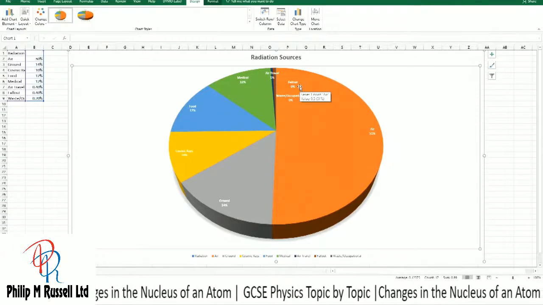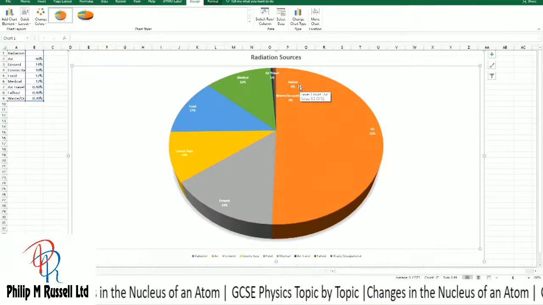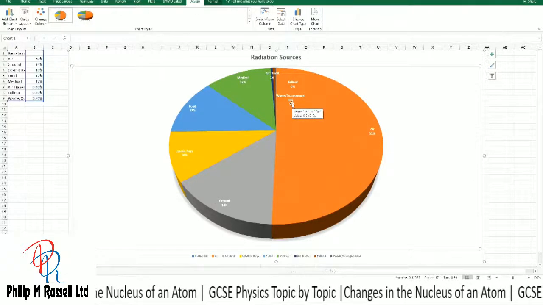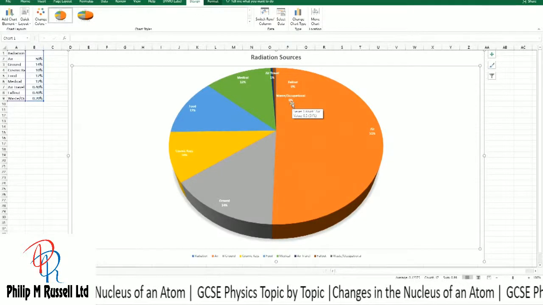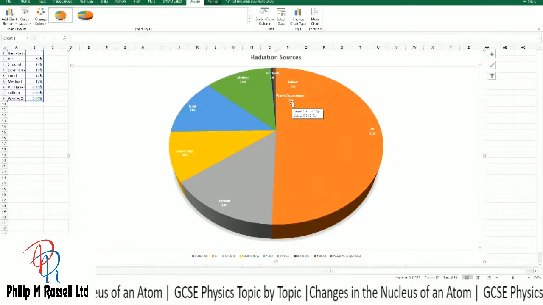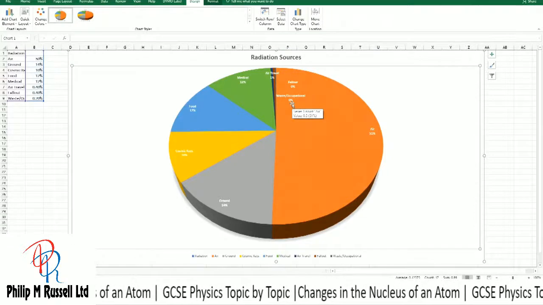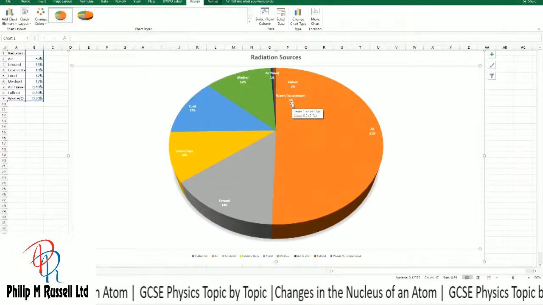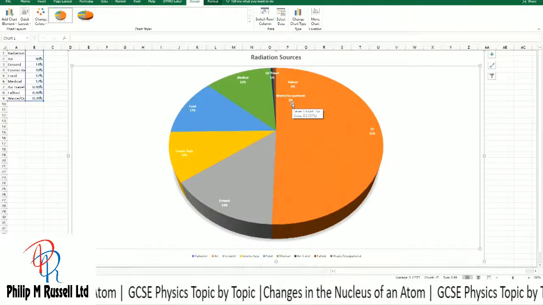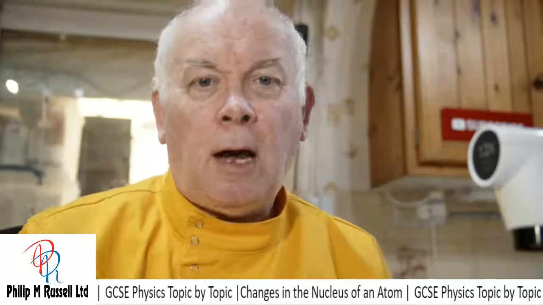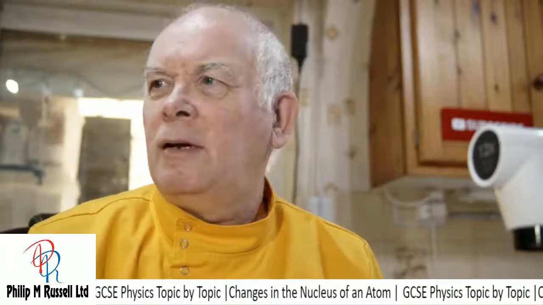Some of that radiation is still with us. And lastly, we've got to dispose of the waste from a nuclear reactor, and we've got to store it somewhere, and various other occupational uses. And you can see it makes up a tiny fraction of where you get your radiation from. So we have to consider this as being a bit of a problem, but then not really such a problem.